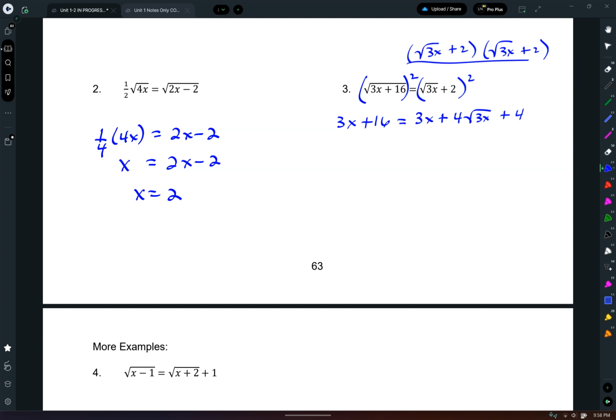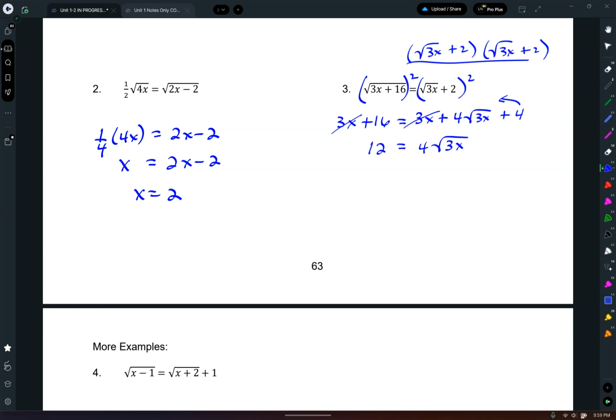And so now I'm in a situation where I would normally say, okay, now solve for x, but the problem is you still have a square root. So you have to start over and get that square root by itself. If I subtract 3x, do you see those are going to cancel? And I will subtract that 4, so I'm going to have 12 equals 4 square root.